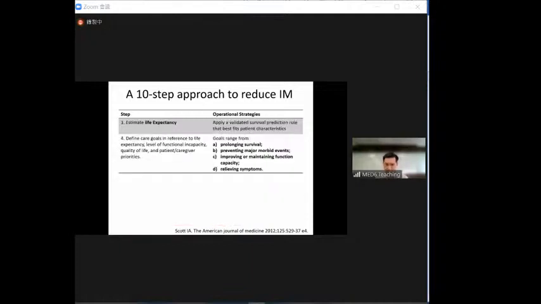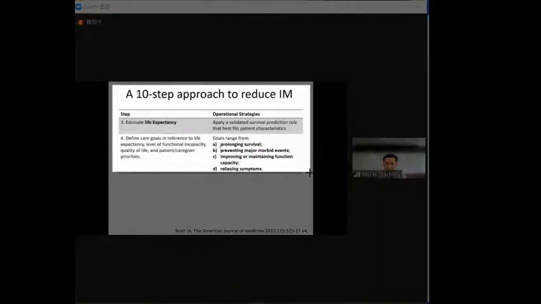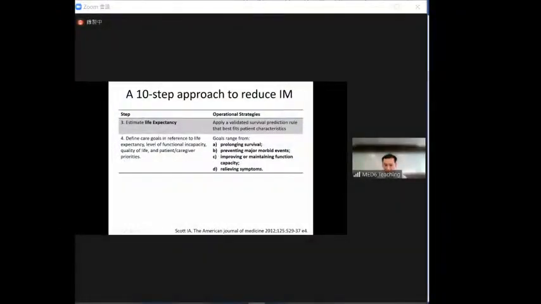And then we would want to estimate the life expectancy. How? I can tell you later. Because of the patient's premorbid function, comorbidities, and expected life expectancy, we would want to design the overall treatment goal for the patients, like prolonging survival if the patient has good health, preventing major comorbidities, improving the function or relieving symptoms if the patient is really, really frail and sick.